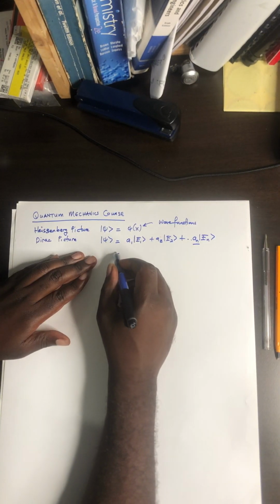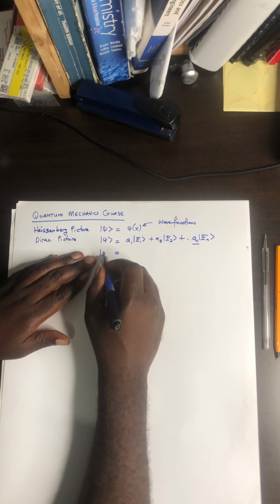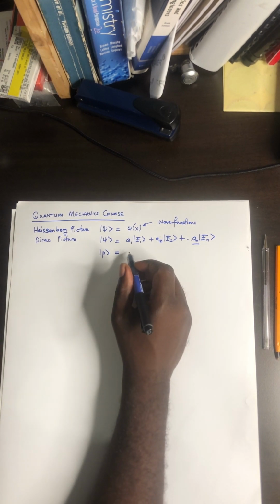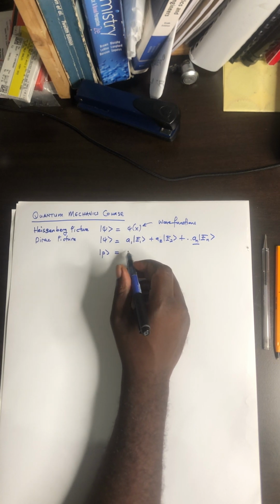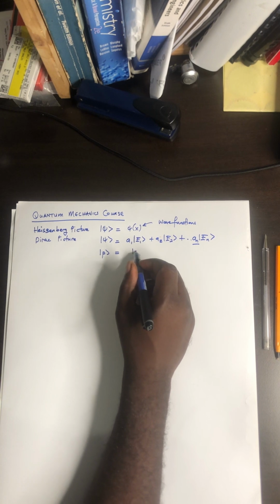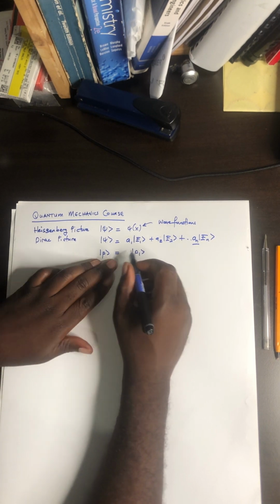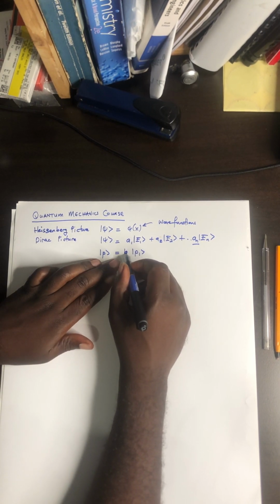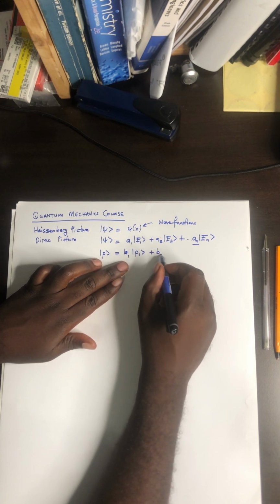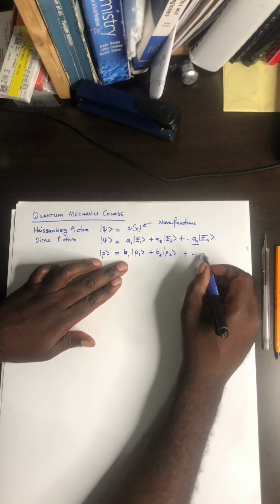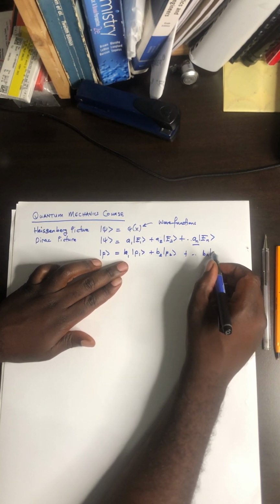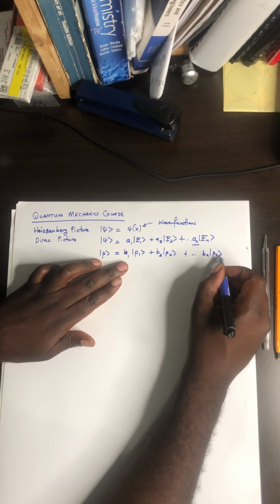Or we could represent this in the momentum picture where the state is written as a linear combination of momentum states of definite momentum. Let's call this B1 P1 plus B2 P2 plus, and so on, Bn Pn, like that.